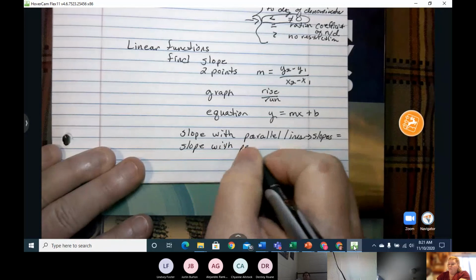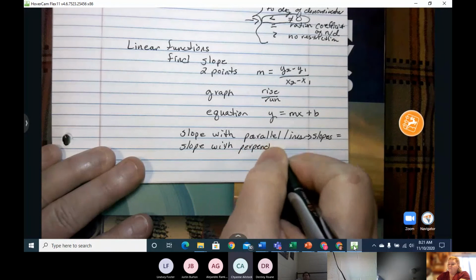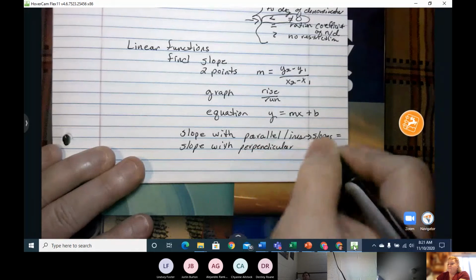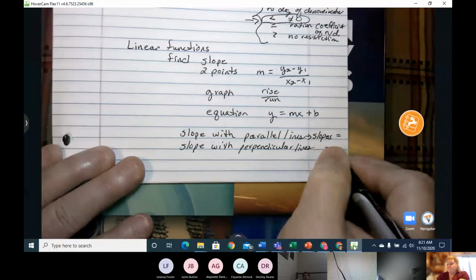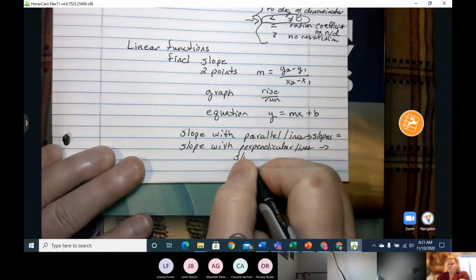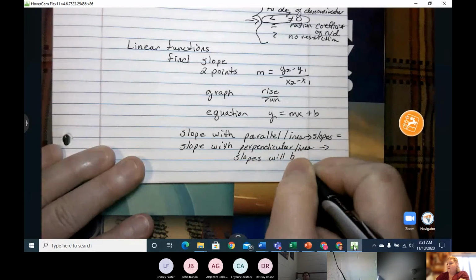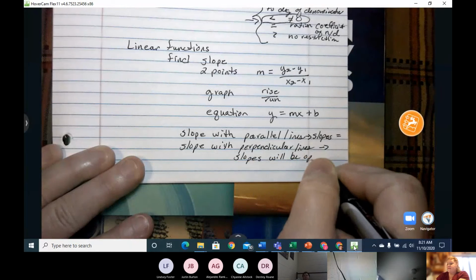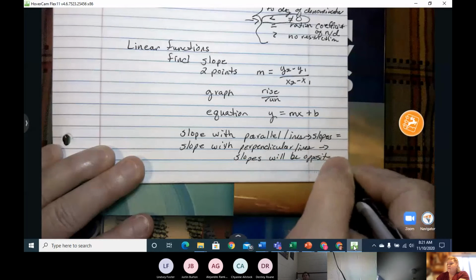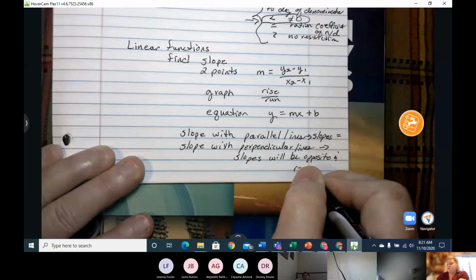And then with perpendicular lines, opposite reciprocals.